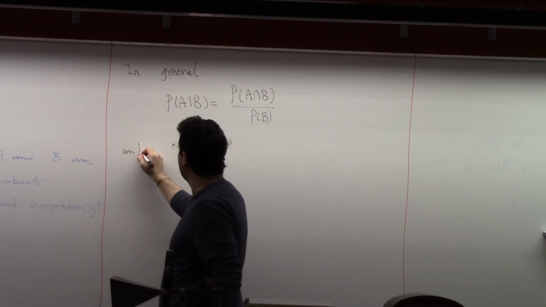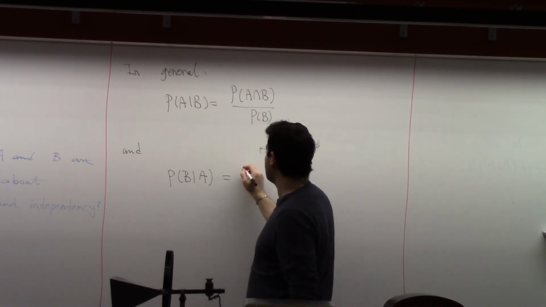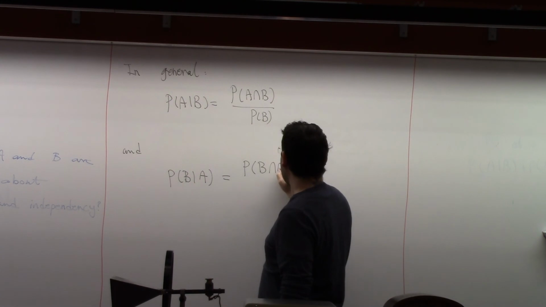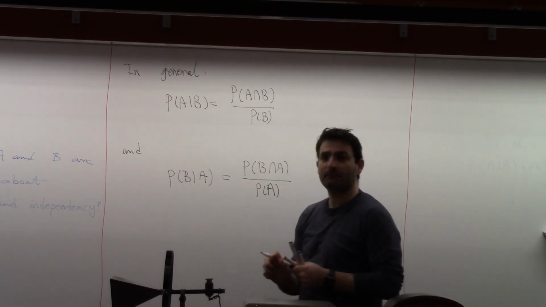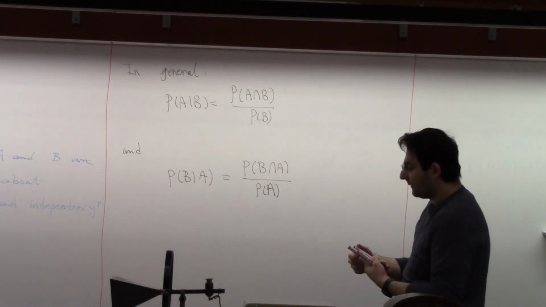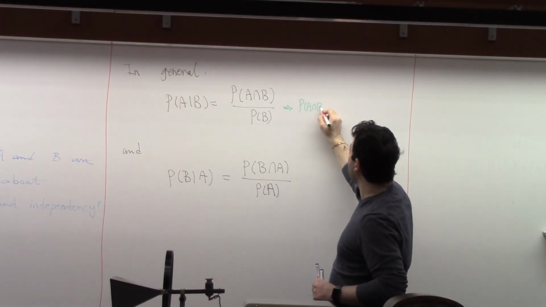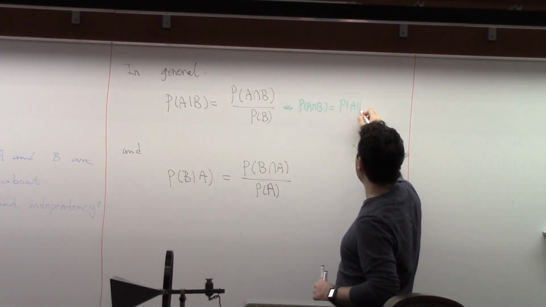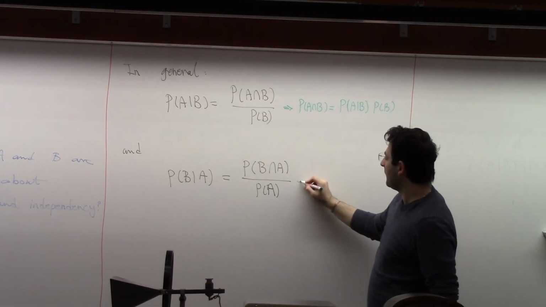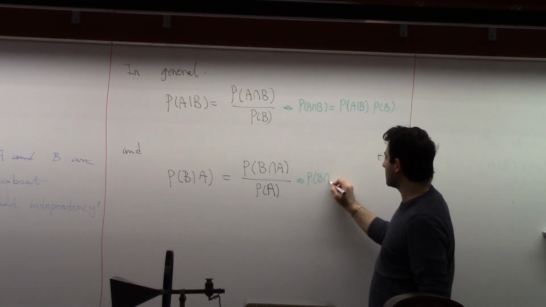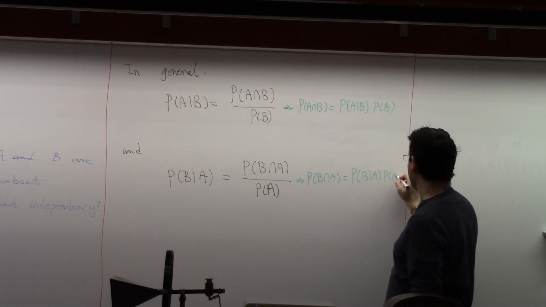And the probability of B given A is the probability of B intersected with A divided by the probability of A, right? Now, from here, we can see that the probability of A intersected with B is equal to the probability of A given B multiplied by the probability of B. And from here, the probability of B intersected with A is the probability of B given A multiplied by the probability of A.